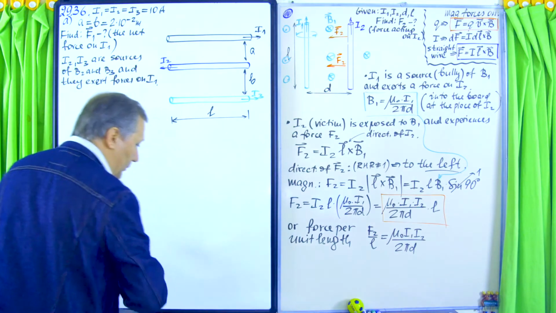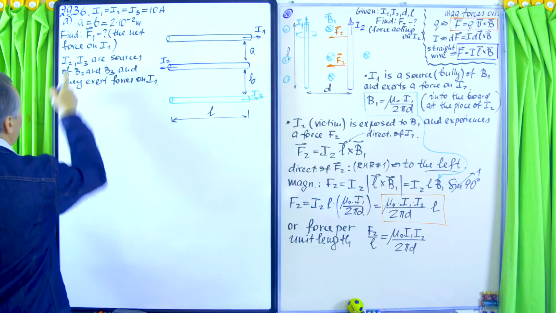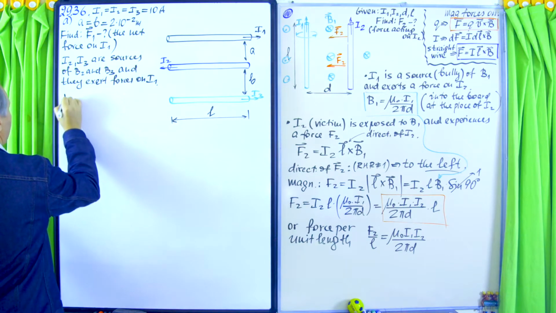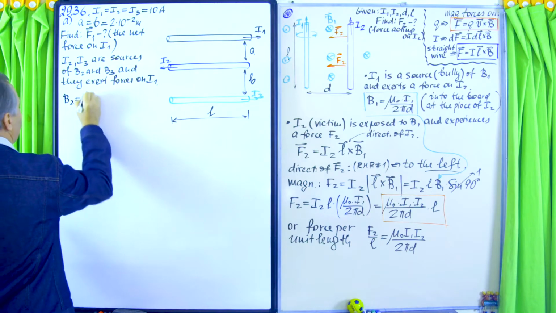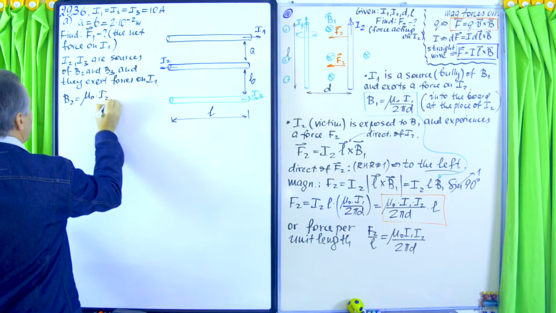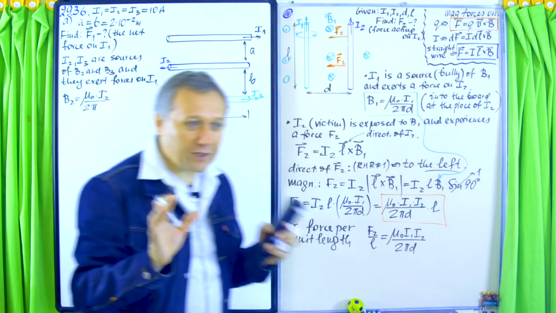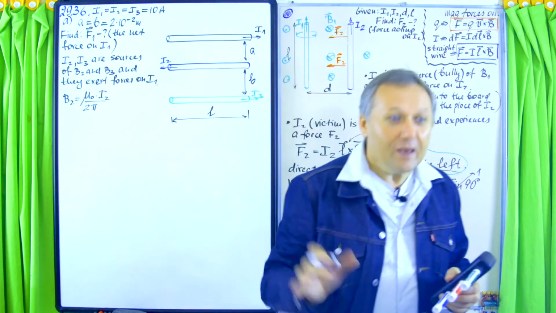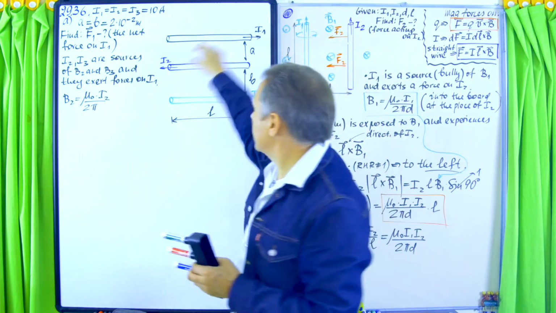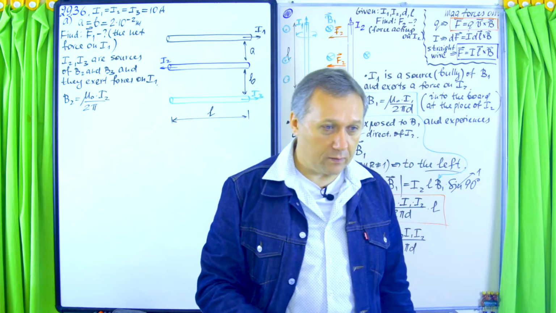So now let me write this, B2 and B3. So B2, of course, will be equal to mu naught times I2 divided by 2 pi. And again, we're interested in the magnetic fields where? At the place of the victim, at the place of I1, right?